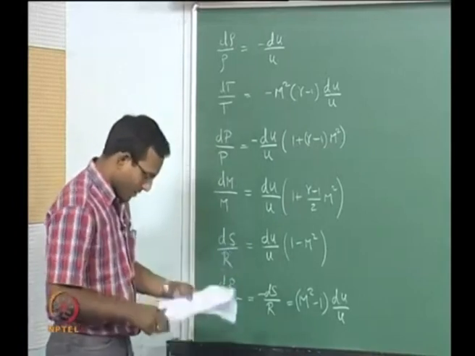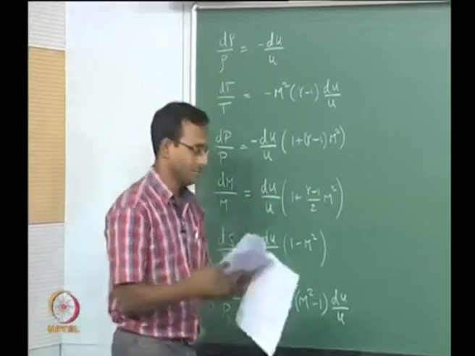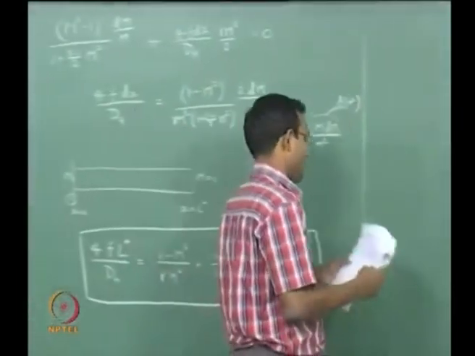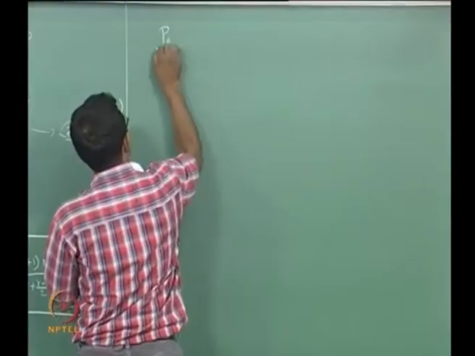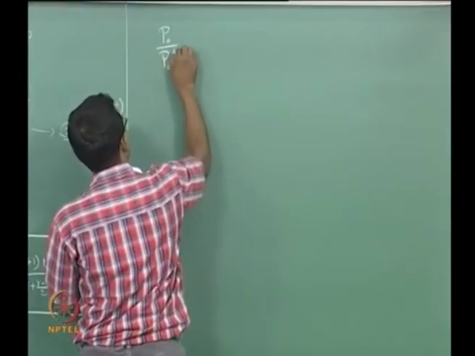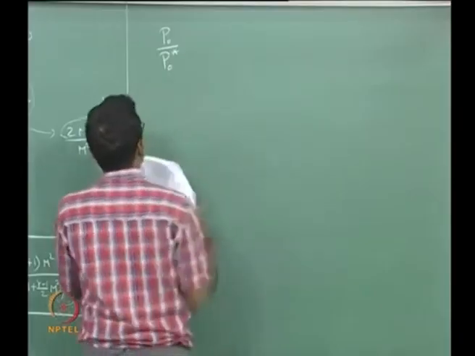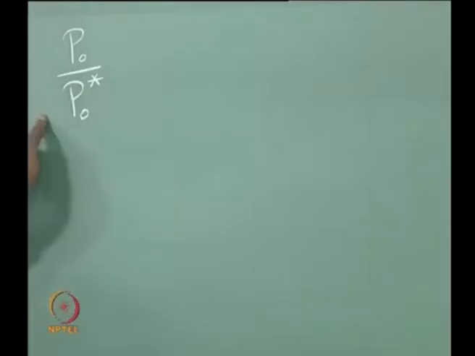Now, if I do all these integrations, I will get a whole set of expressions. Whatever we are interested in, I will put here. One of the most important things is P naught by P naught star. Basically, I am going to say my flow starts with a P naught and ends with a P naught star.